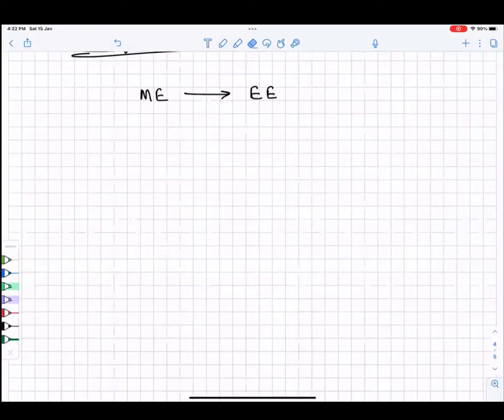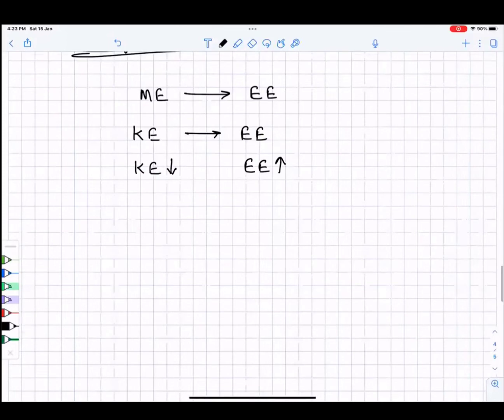Correct. So I am basically converting kinetic energy into electrical energy. If I am converting kinetic into electrical, it means kinetic energy will start decreasing and electrical energy will start increasing. Correct? Because we are converting kinetic to electrical.